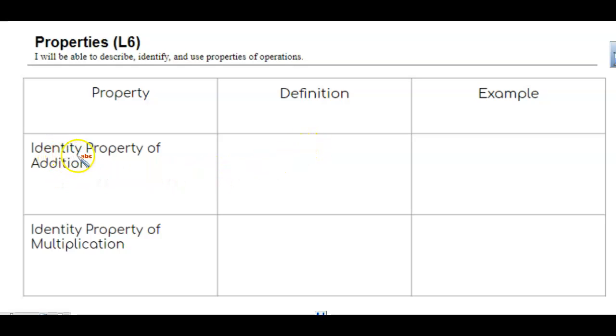All right, so identity property of addition. It is the sum of a number and 0 is that number.